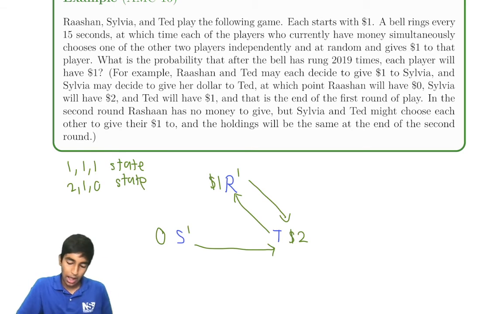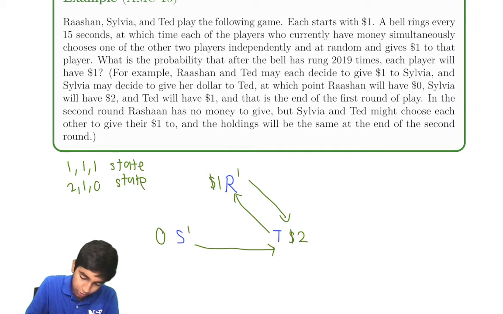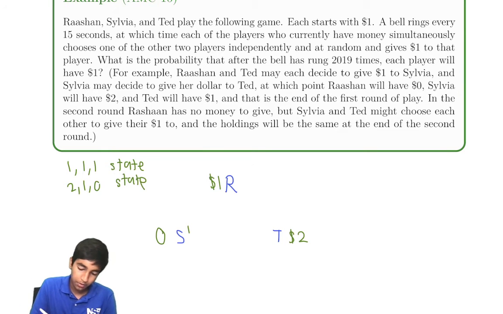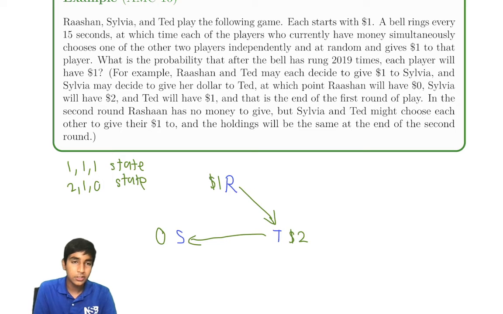Well, let's take a look at what happens when Rashan has $1, Ted $2, and Sylvia 0. Let's say Ted gives his dollar to Sylvia, and Rashan gives his dollar to Ted. Now Ted is back to $2. It doesn't seem like we can ever hit that $3 mark for anybody. And why is that?